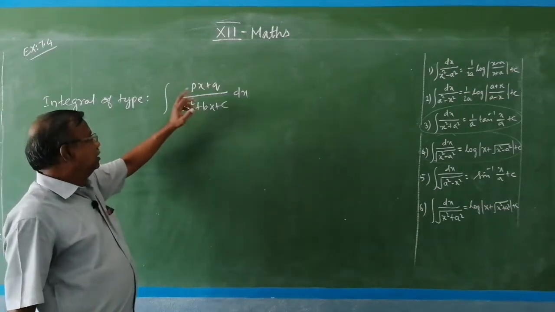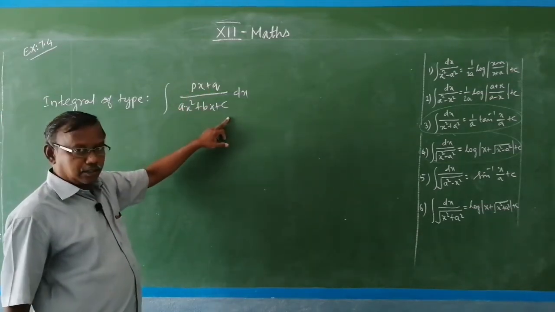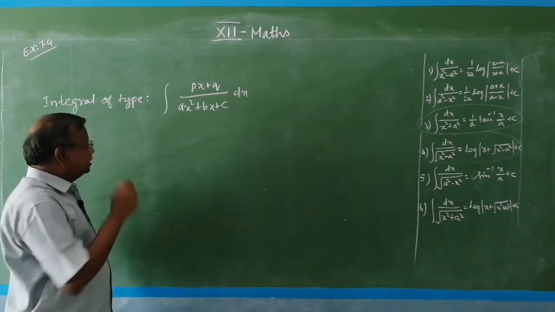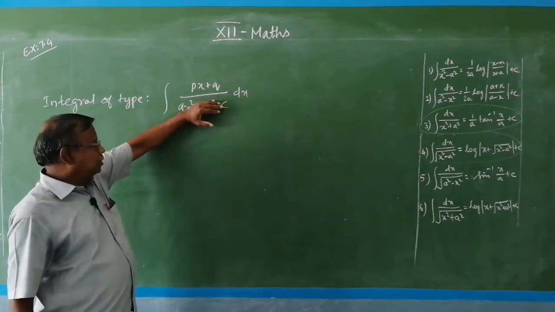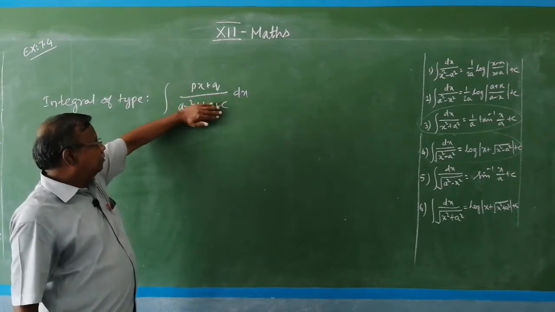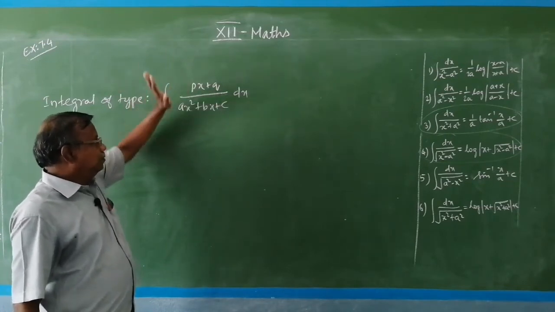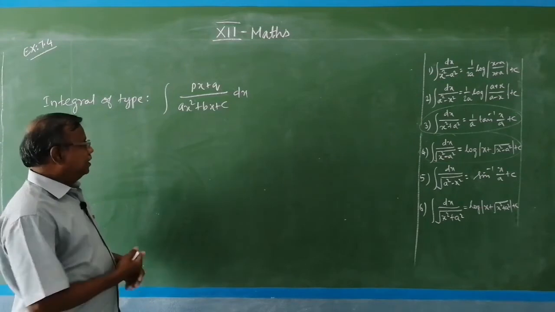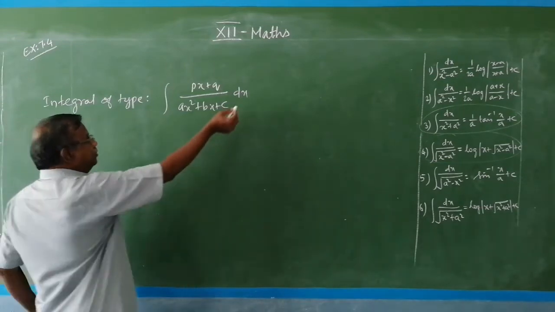Here except x, p, q, a, b, c all are constants only. For this we cannot use substitution because the derivative of the denominator does not match with the numerator. So in this case we have to follow one type.